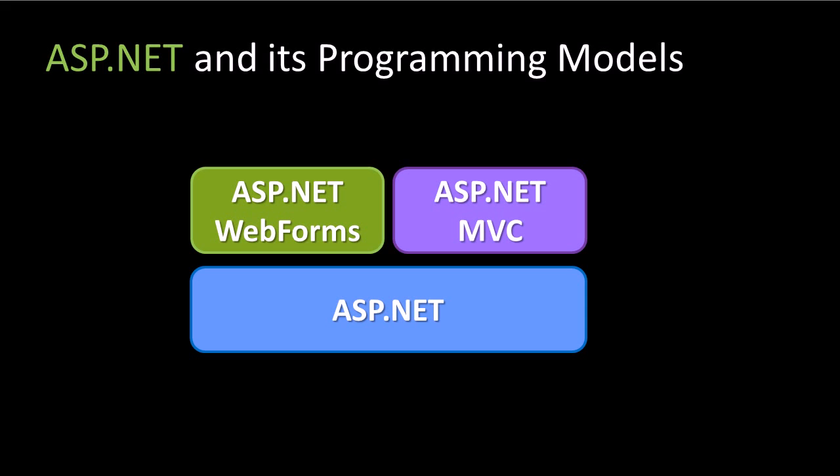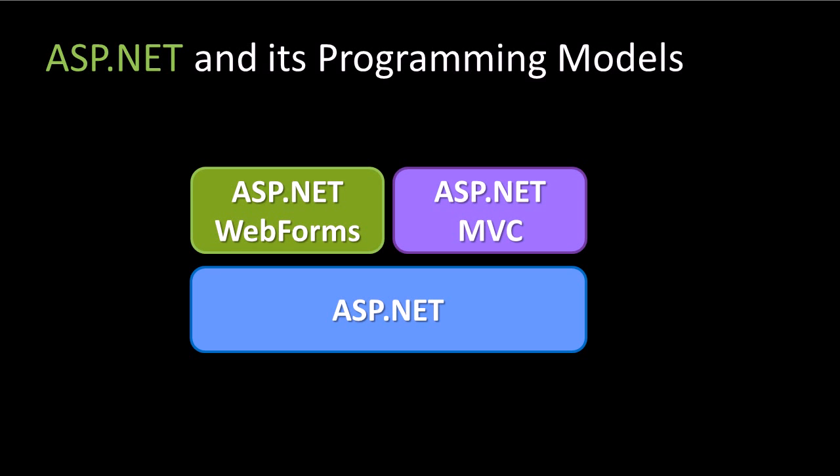Remember that choosing your programming model isn't a fork in the road that you can't turn back from. Underneath ASP.NET Web Forms and ASP.NET MVC is ASP.NET itself. Both models share nearly all their libraries with the core runtime. This includes authentication and authorization, user membership and role security, output caching, session state, configuration, deployment, AJAX, and more.